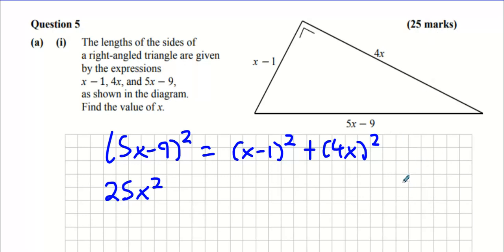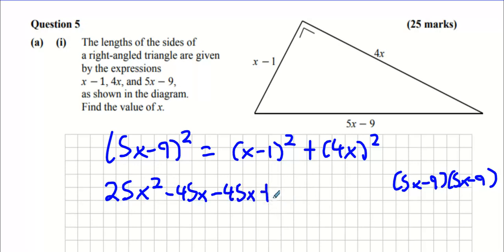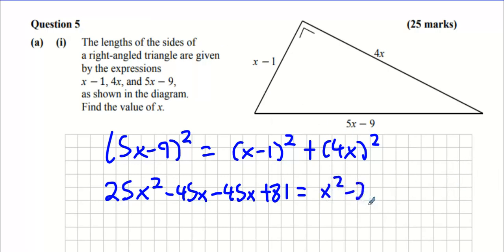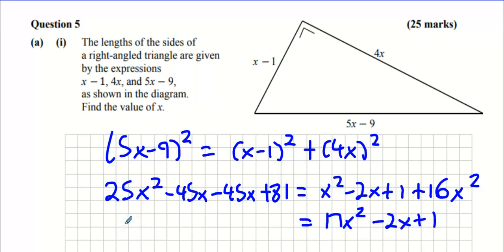It's 5x minus 9 by another 5x minus 9. I'm taking it this one's fairly easy pickings for us. We're hoping, aren't we?